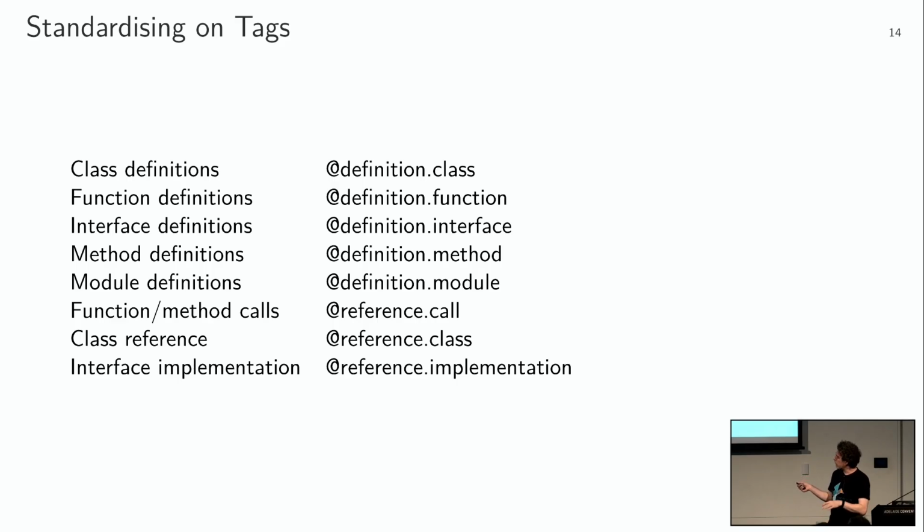So essentially, for all languages that have classes, which is all of your object-oriented ones, for all of your languages that have functions or methods, we use function, we use method. And it just means that if you are implementing a high-level tool on top of TreeSitter, you don't have to come up with your own names for all of these tags for these really similar concepts across different programming languages.